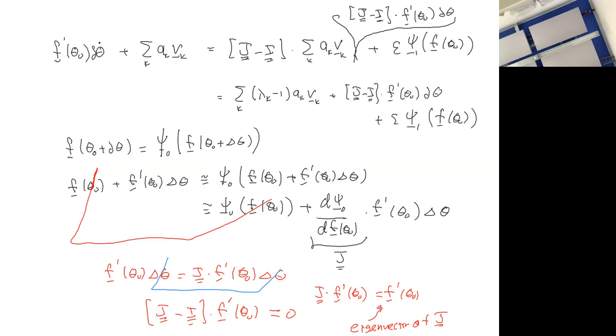So this is super, super important, right? Because it means that this term goes away. And our equation becomes f prime of theta naught delta theta dot plus the sum on k of a_k dot b_k.